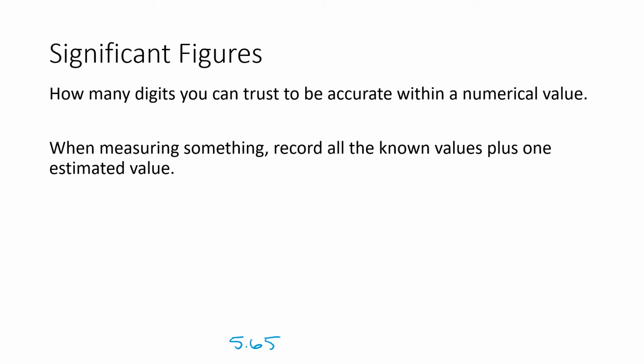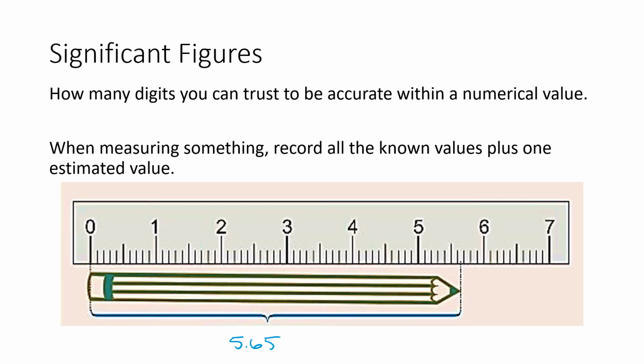When you're recording a value of measurement, what you're always going to do is write down exactly what you see first. So what is the length of this pencil right here?